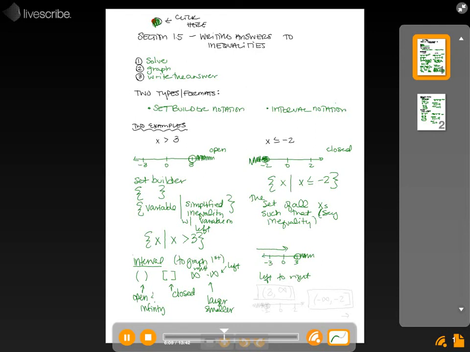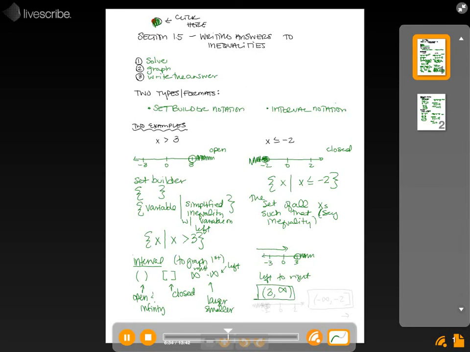And it's an open circle, so we would have our parentheses, because it's open, write our 3, and then a comma, and everything to the right then is shaded. And if everything to the right is shaded, we use infinity. And infinity signs always get open parentheses, okay? So that's the first example in interval notation.